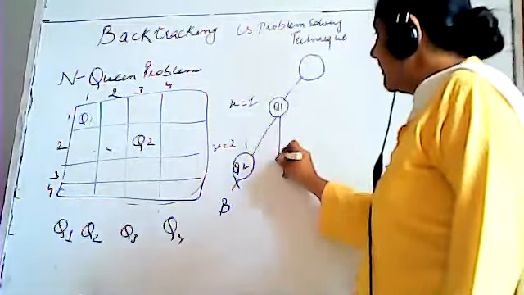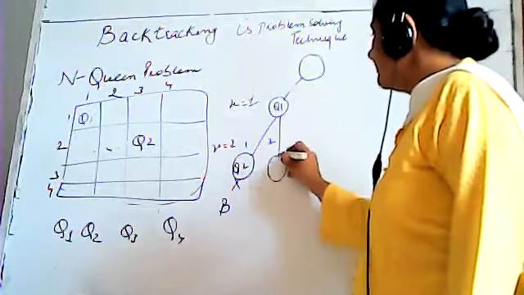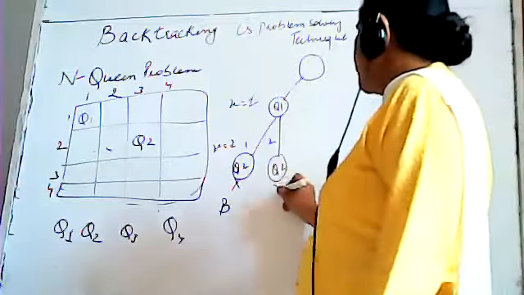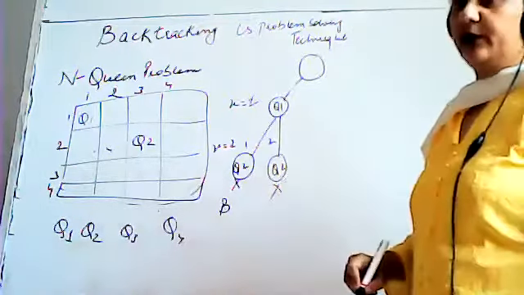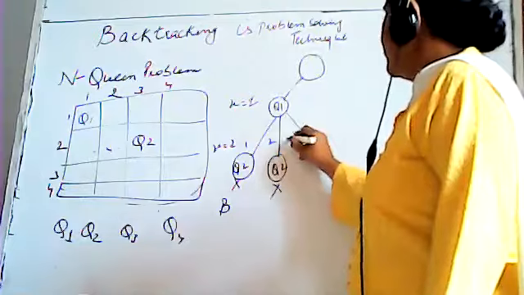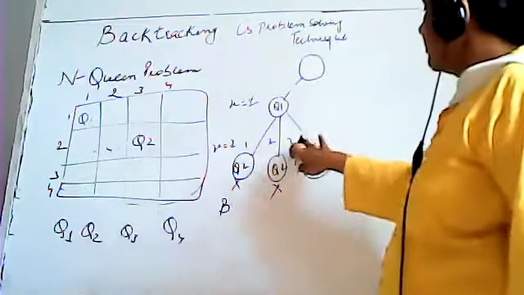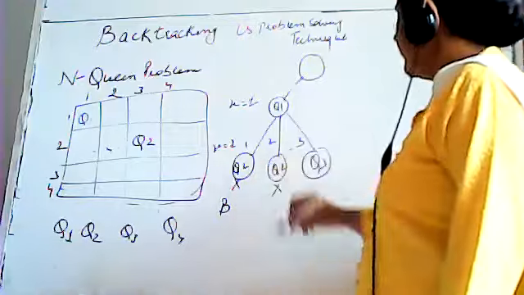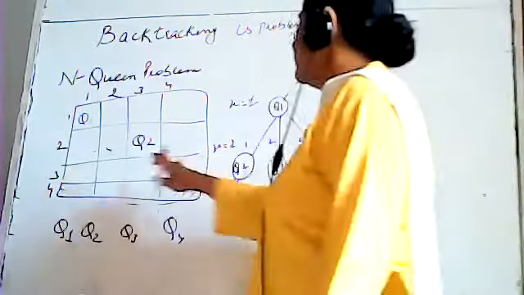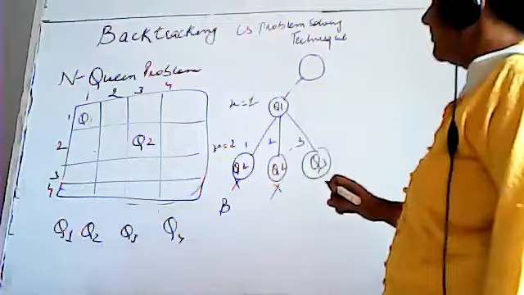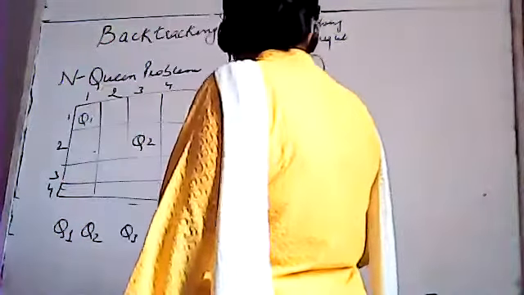Then x2 at position number 2, again I will be stopped by the bounding function because they are in the same diagonal. Then here, yes, we can put. X2 is in column number 3 now.